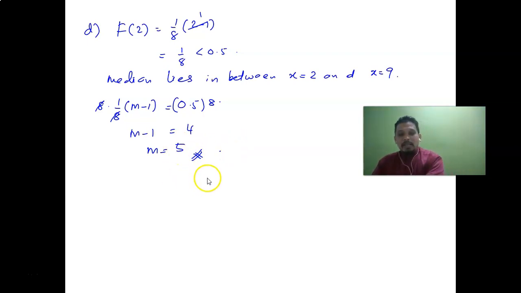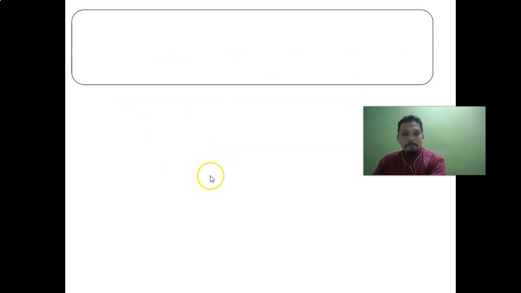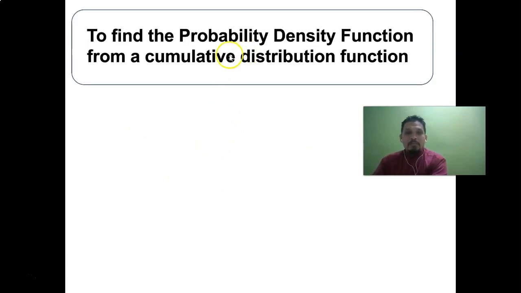Okay, so next one. To find the probability density function from a cumulative distribution function. In the previous discussion, we talked about how to find the cumulative distribution function from the probability density function.